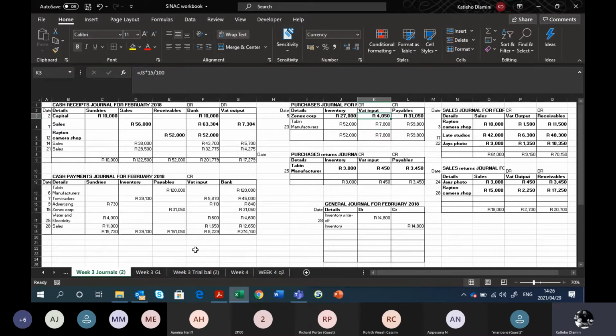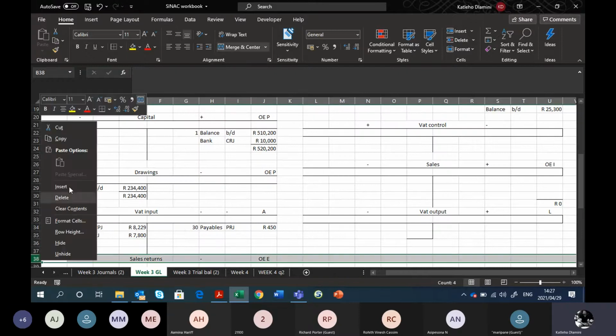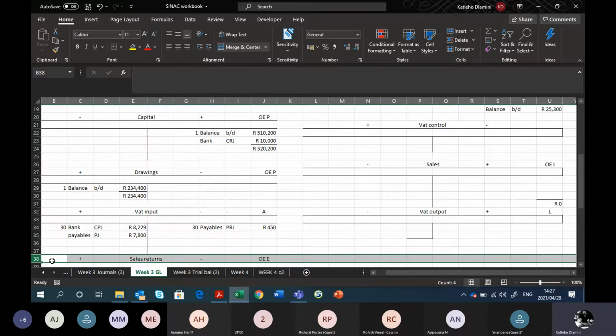So then obviously this side is bigger than the other one. I'm just going to push this one down. Just make sure we're cutting nothing else.